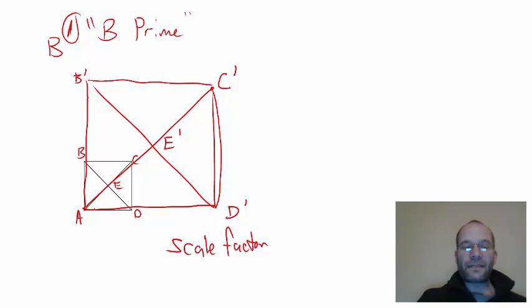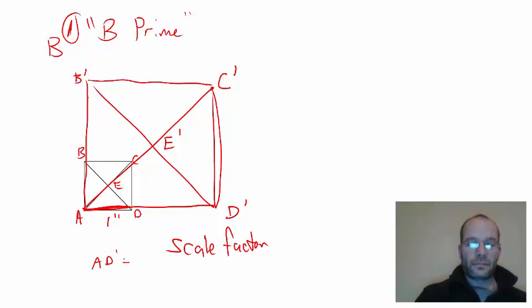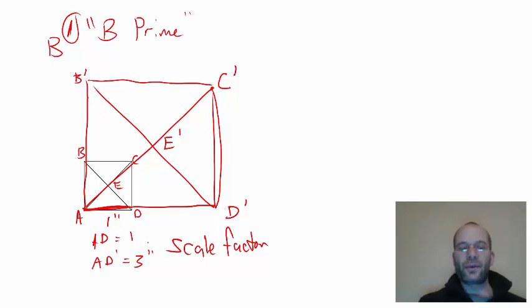So for instance, if segment AD were 1 inch and segment AD prime were 3 inches, then my scale factor must be 3, because I've taken the value of AD and multiplied it by 3 in order to produce AD prime. Likewise, if BC were 1 inch, then B prime C prime must be 3 inches, because the scale factor is 3. So that's the first thing we need to be aware of, the scale factor.